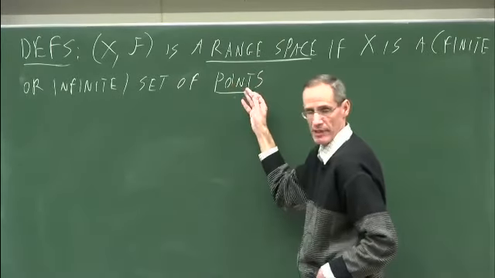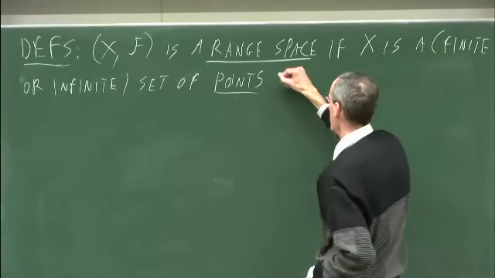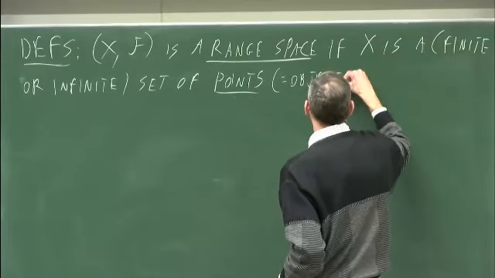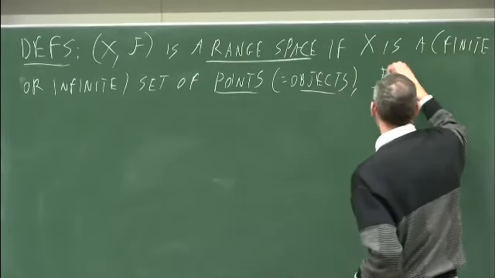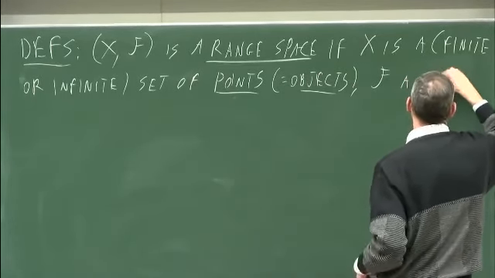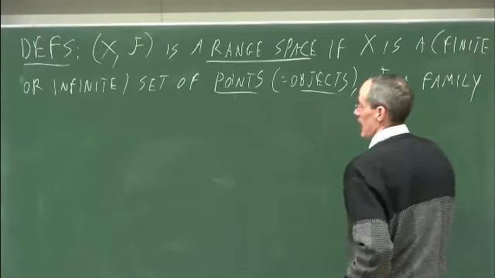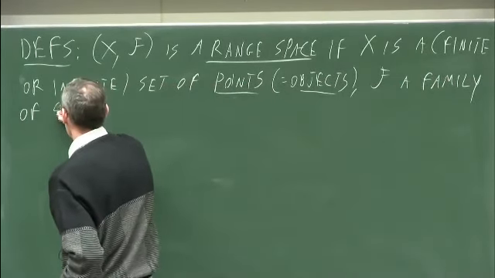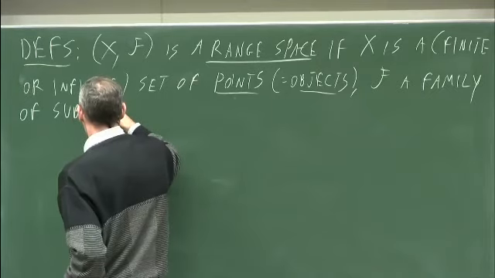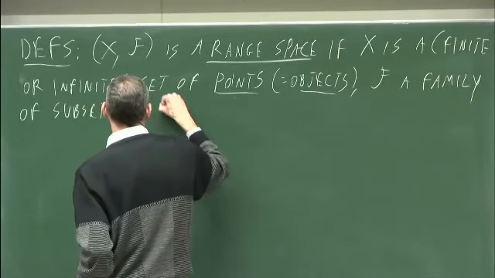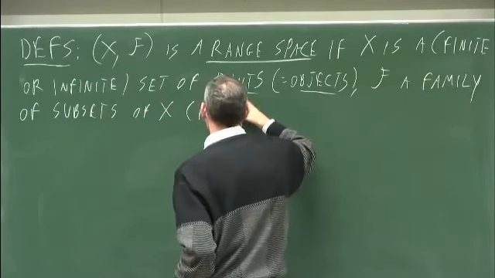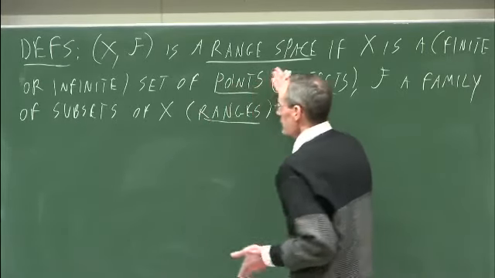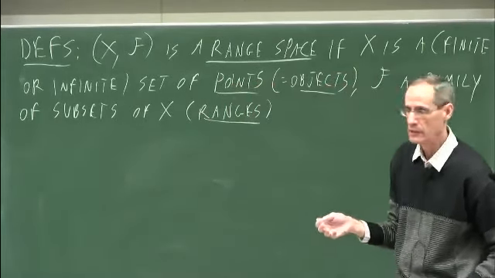This just means that we will call them points, or sometimes we call them objects. And F is a family of subsets of X, which we call ranges. Of subsets of X, these are called ranges. So you can call them edges. It's really just a hypergraph.